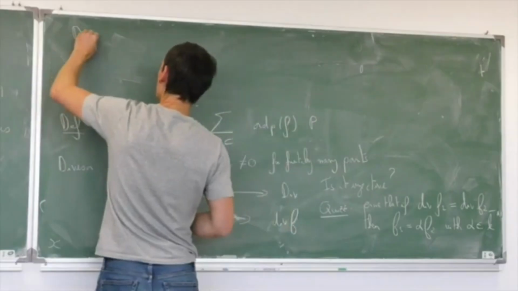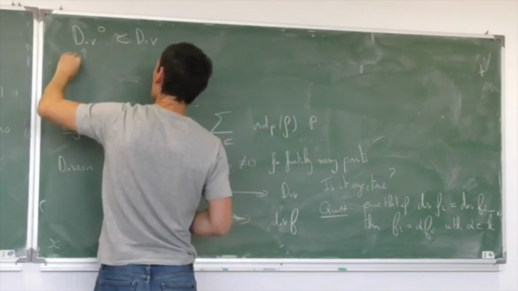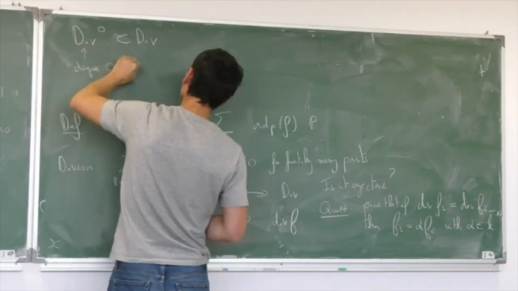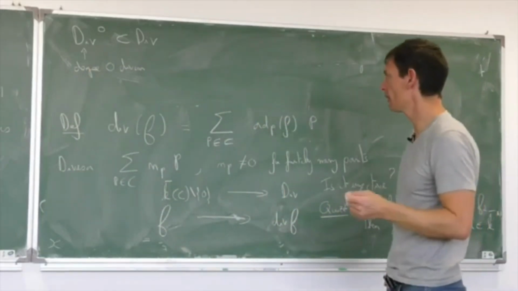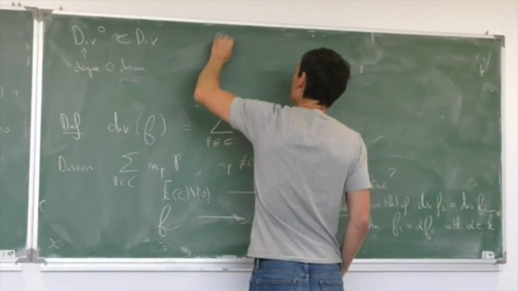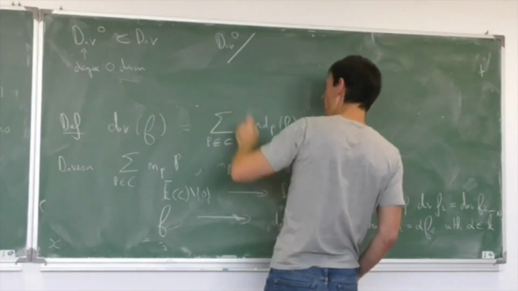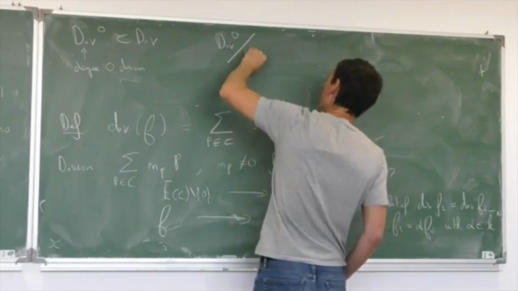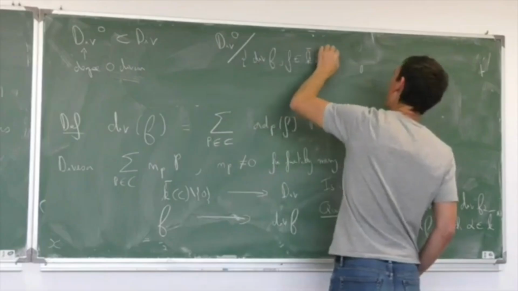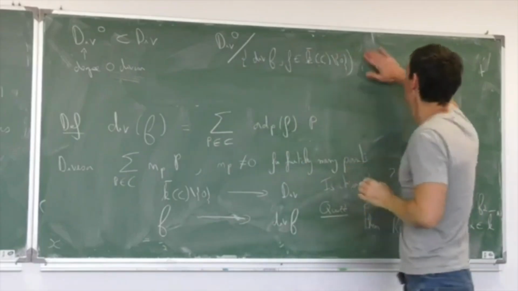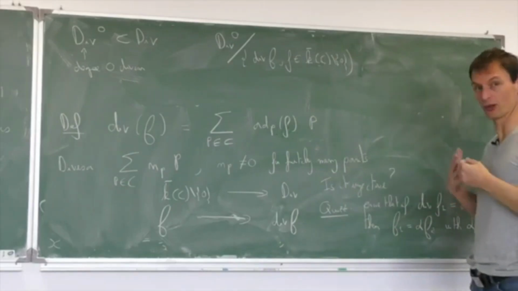So this is a subset, Div 0, inside all the divisors, which is the degree 0 divisors. And in order to see this, what you can do is to take Div 0 and quotient it by the image of this map, so by all the divisors of f. Okay? And you could ask if this is trivial. And the answer is, again, it's not trivial.